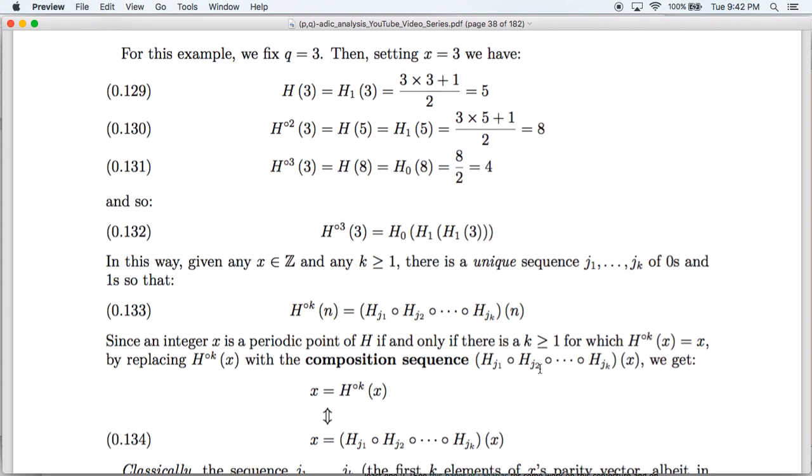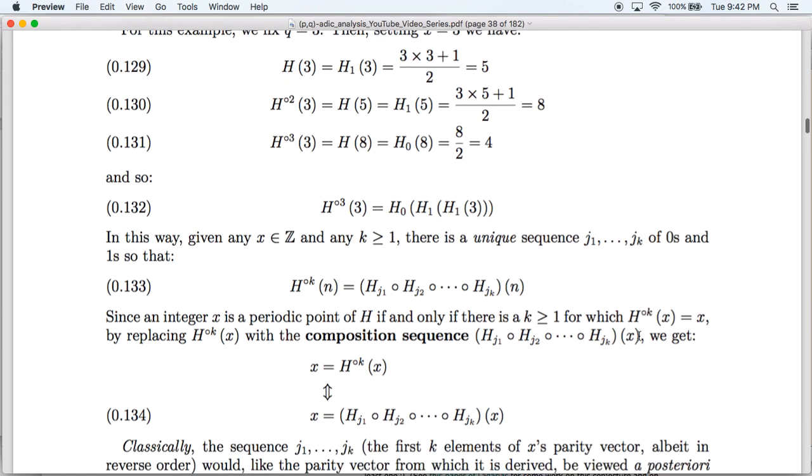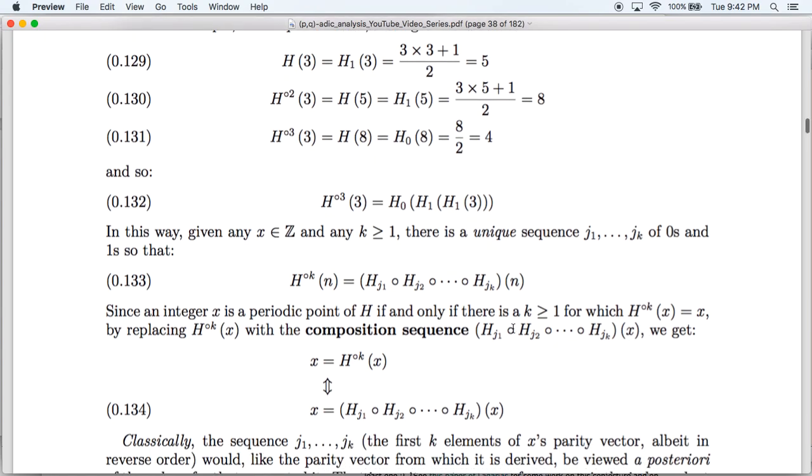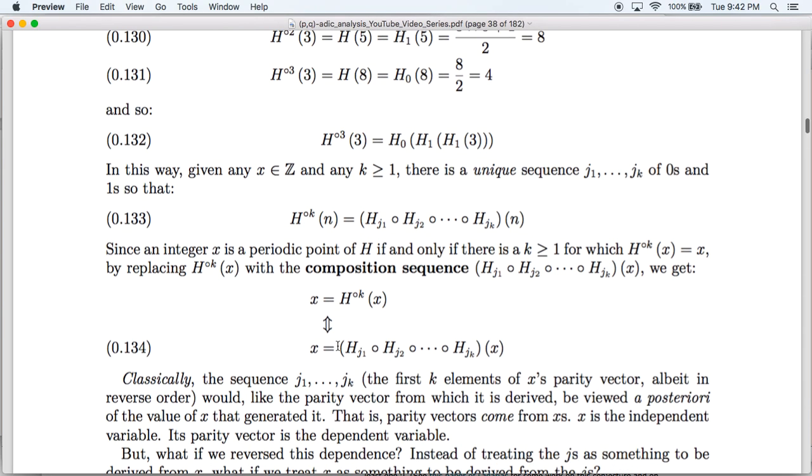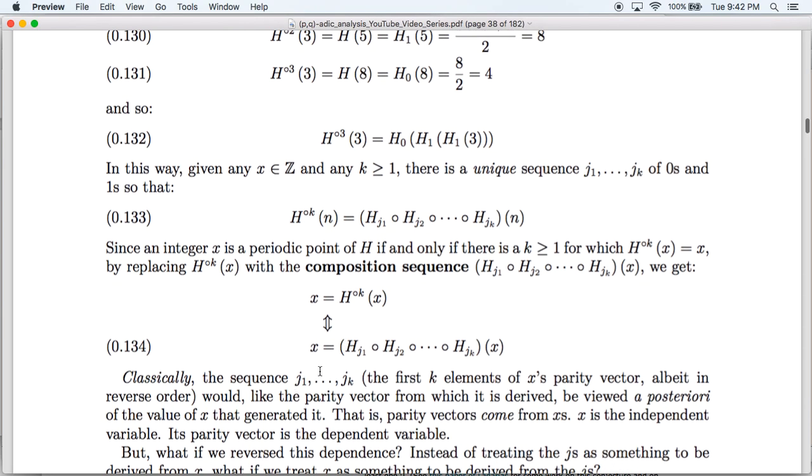Since an integer x is a periodic point of h if and only if there is a k such that the kth iterate of h fixes x, by replacing h with this composition sequence, where the j's are determined by x, we then have the following equivalence.